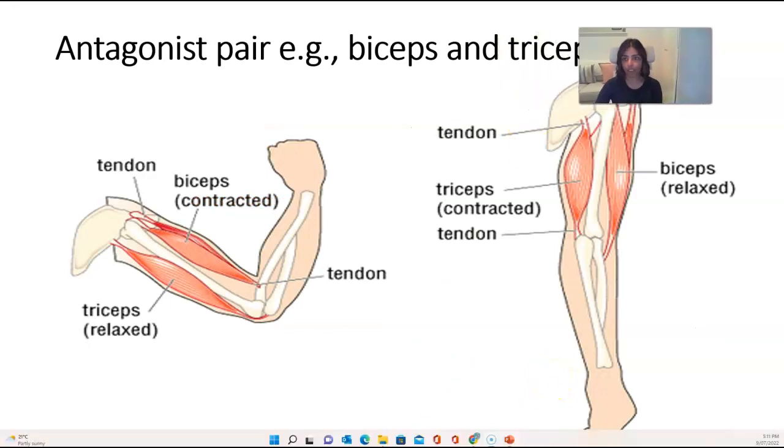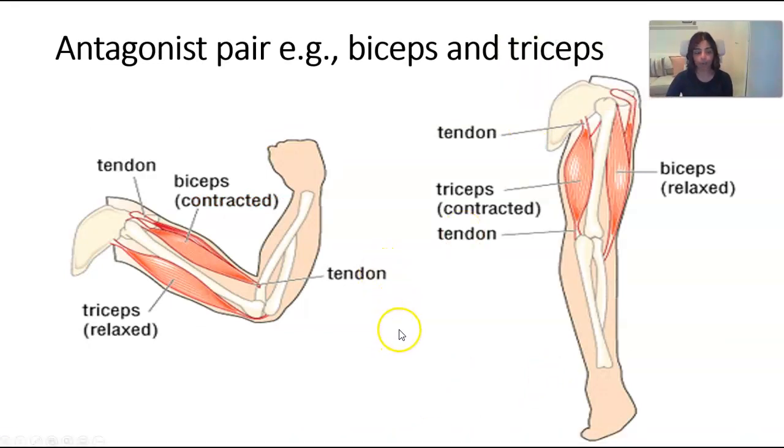An example of that here is in the upper arm. We have the biceps muscle on the front, attached to the scapula, so that's the origin tendon, and the insertion is on the radius at this point here. You can see that it's bridging across this joint, and we have the belly of the muscle here.